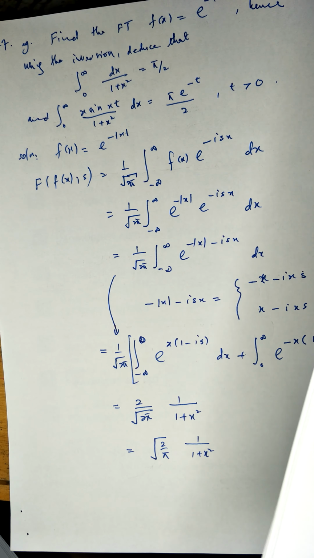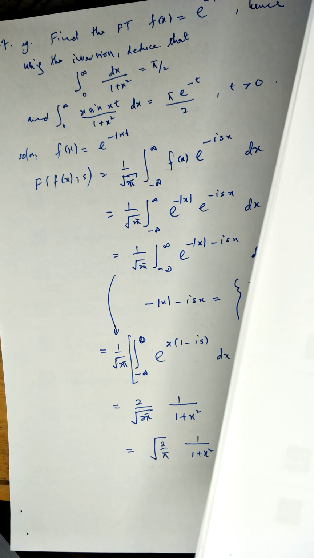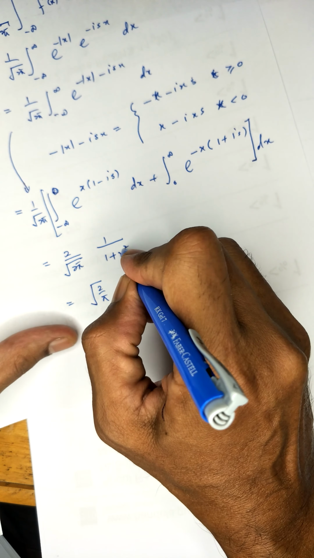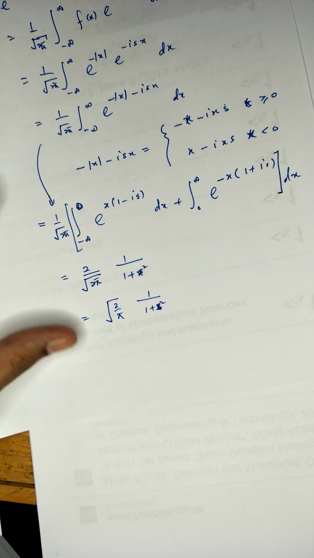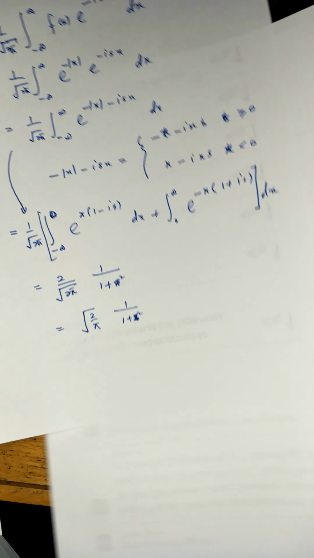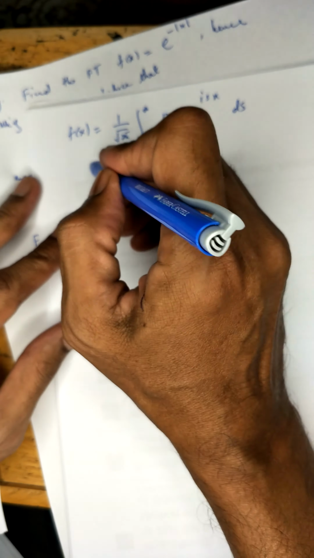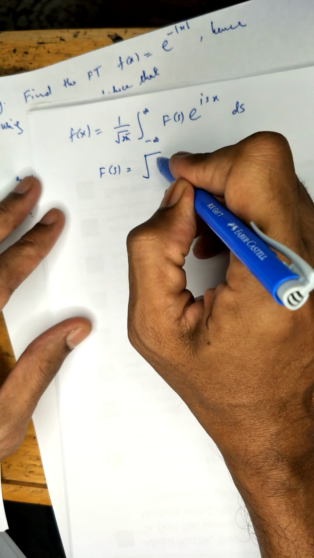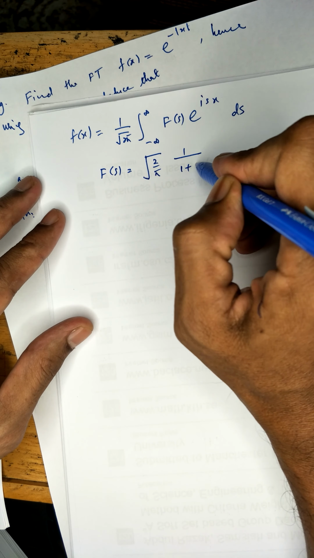Now our F(s) is what we obtained just now: square root of 2 over pi, 1 over 1 plus s squared.